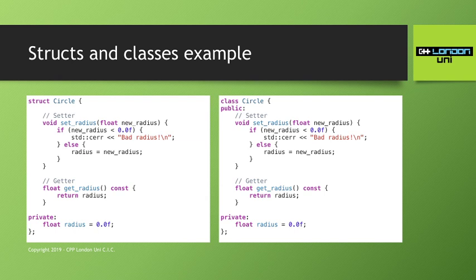And as far as the compiler is concerned, these two definitions have absolutely identical meaning. Have I stressed this enough yet? The only difference is in the defaults. And we can immediately override the defaults just by saying public.